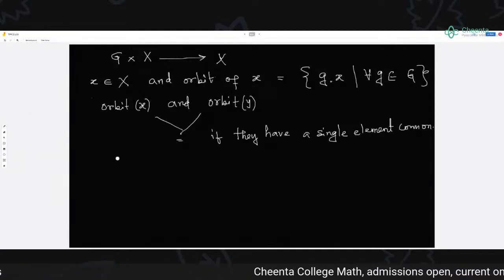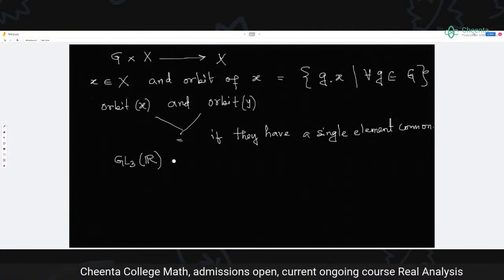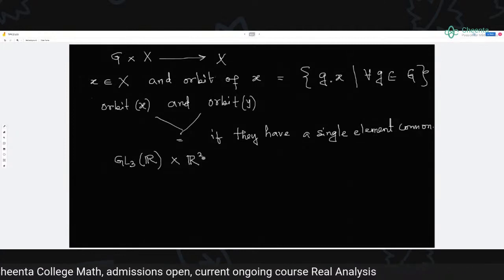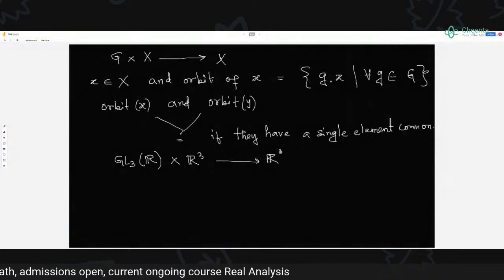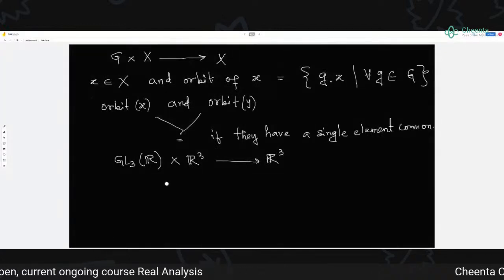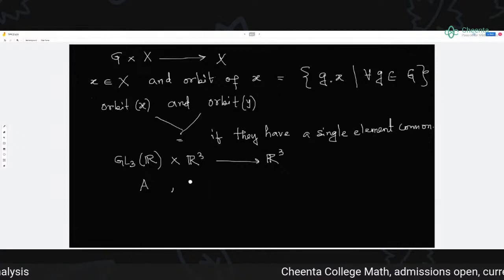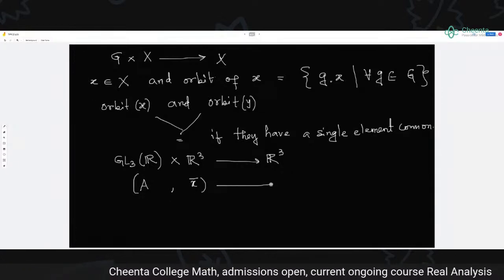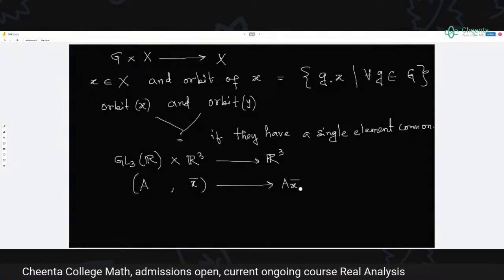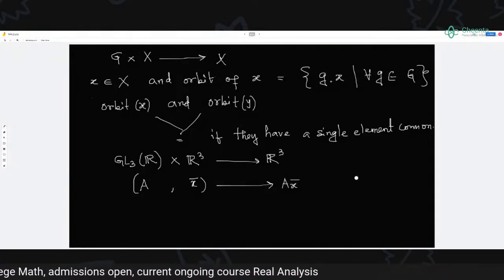Take GL3R cross R3 to R3, where A is an invertible matrix and x bar goes to A x bar.